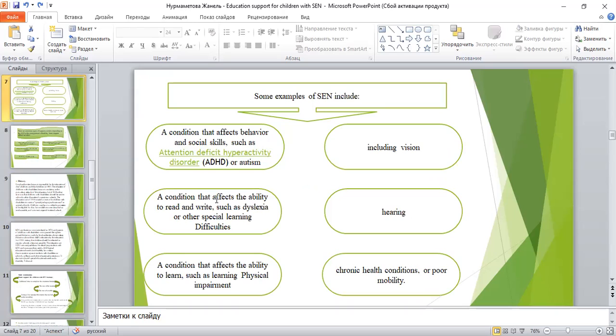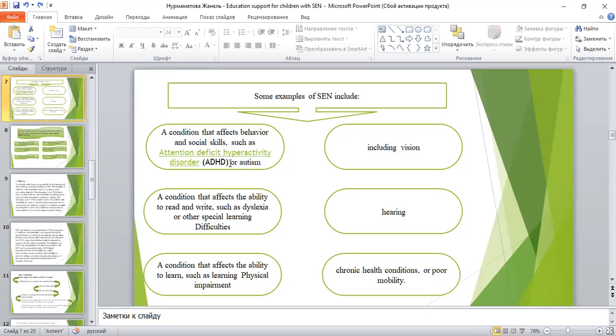Now, what do special educational needs include? Certainly, first of all, they include conditions that affect behavior and social skills, such as attention deficit hyperactivity disorder.